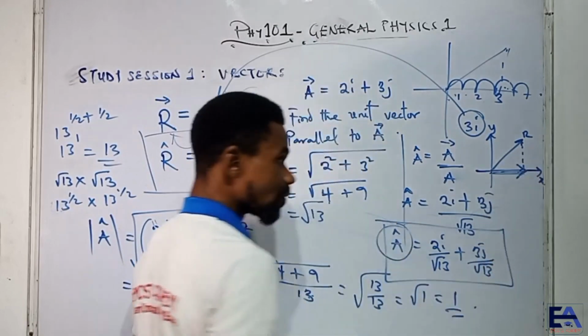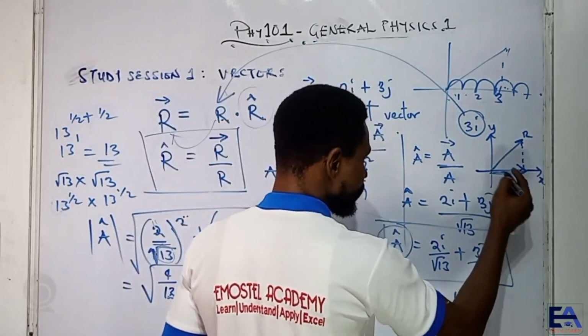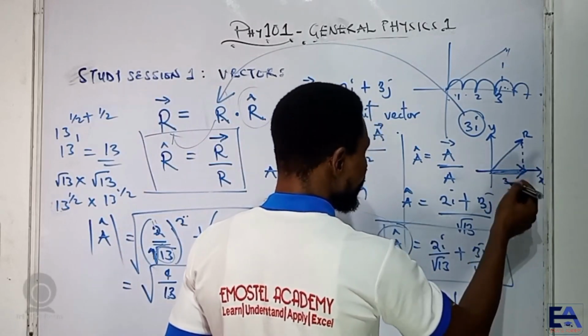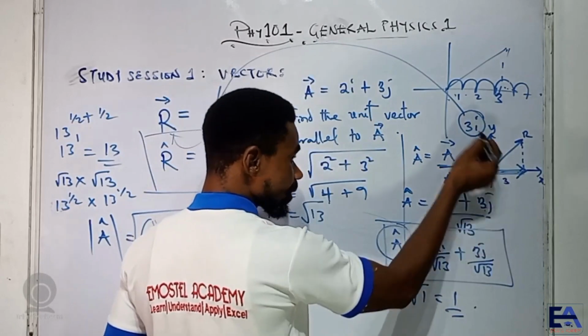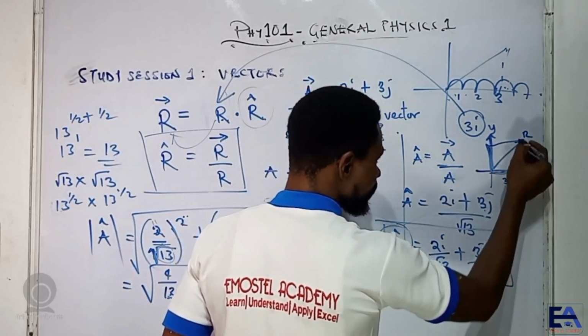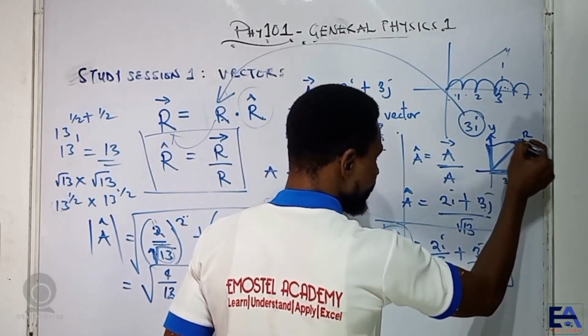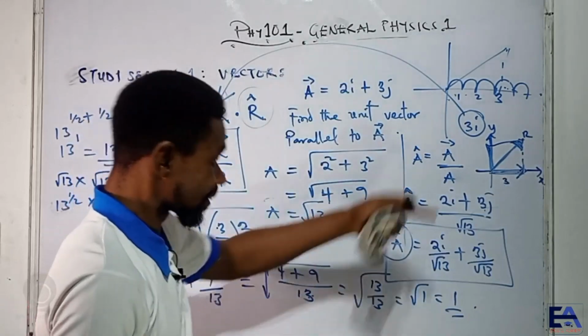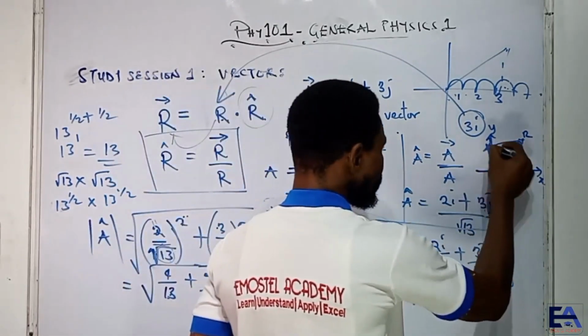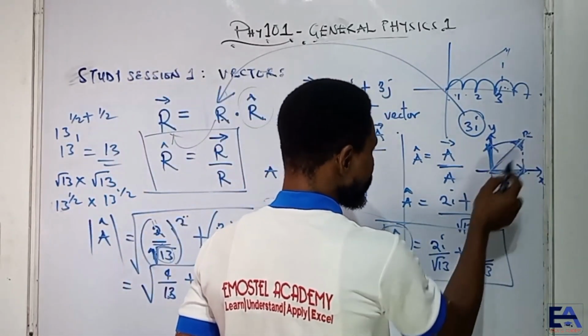From here to here is a vector too, because it has magnitude. Let's say from here to here is 3. You counted 3 units, so give me 3I. It's a vector. Here to here is also a vector. The resultant effect of these two vectors is what is said to have produced this one. So vector in this direction, vector in this direction, the resultant gives us here.